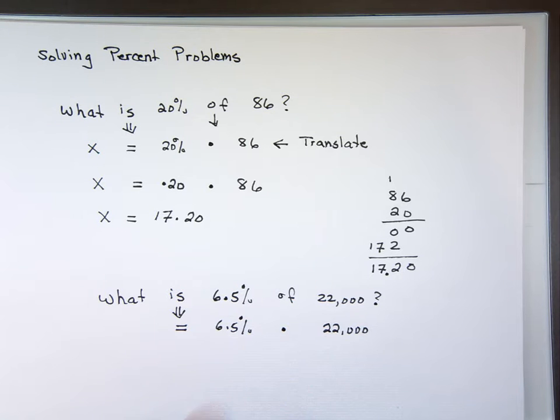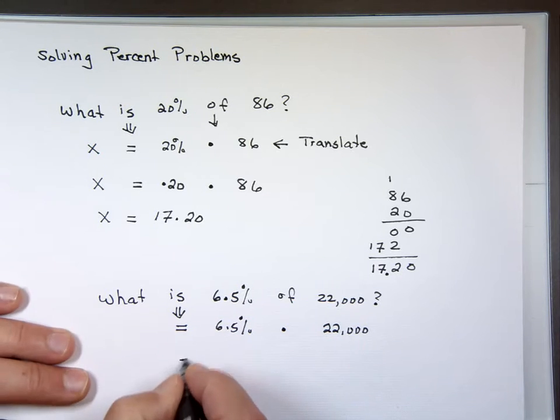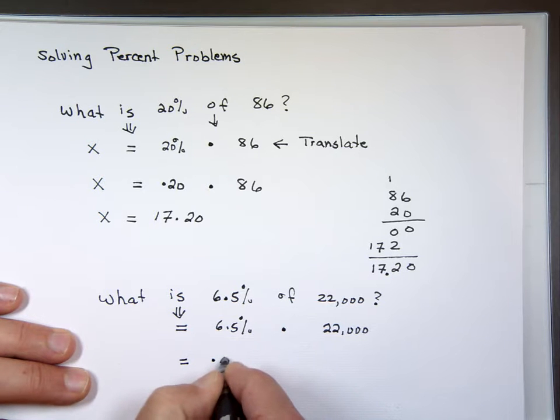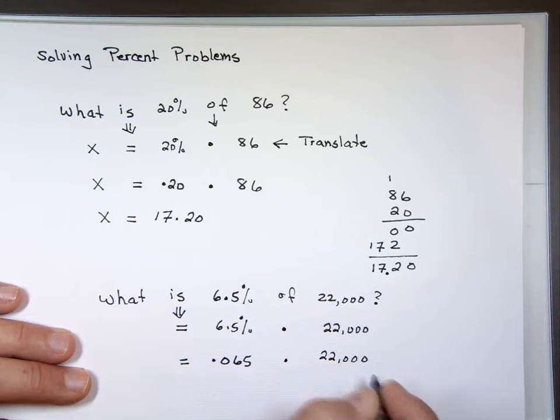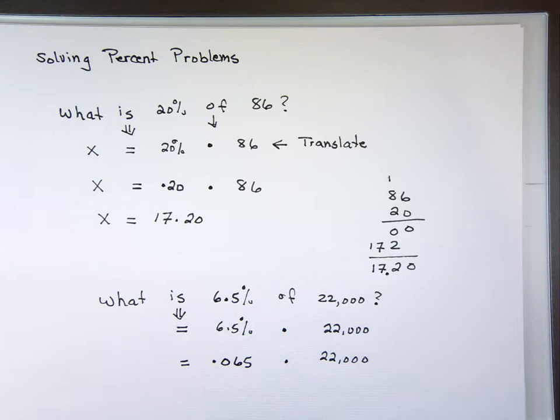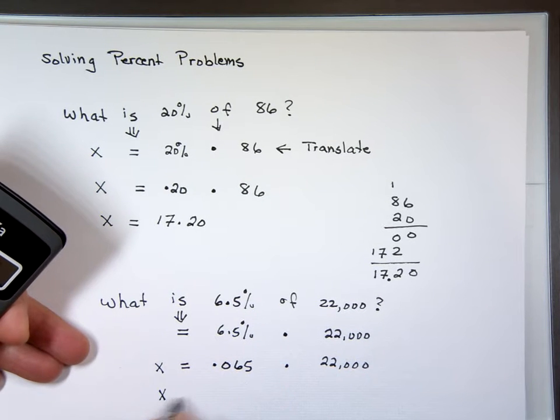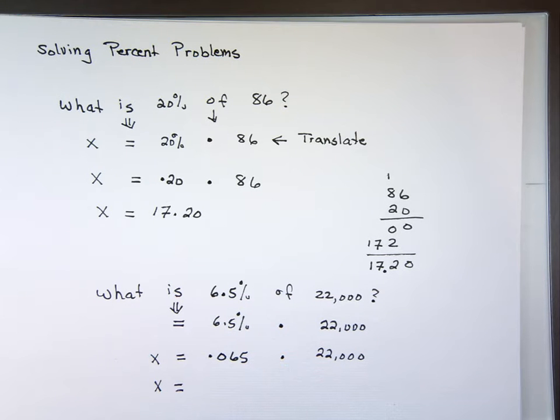We have to change percent to a decimal. So to decimal, this is what? 0.065. Gotta move the decimal point 2 places to the left, times the 22,000. I'm assuming we all know how to multiply decimal numbers by now, hopefully, so to speed up the process, I'll use my calculator for that. 0.065 times 22,000.